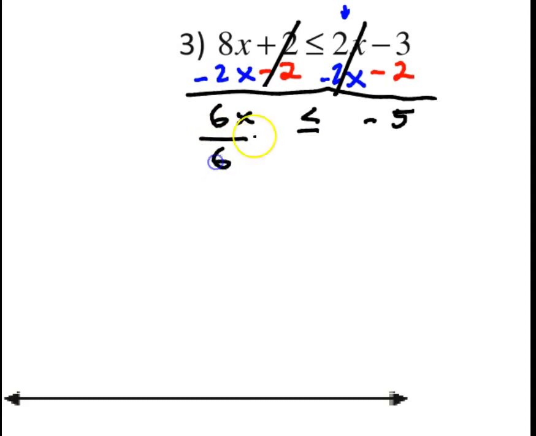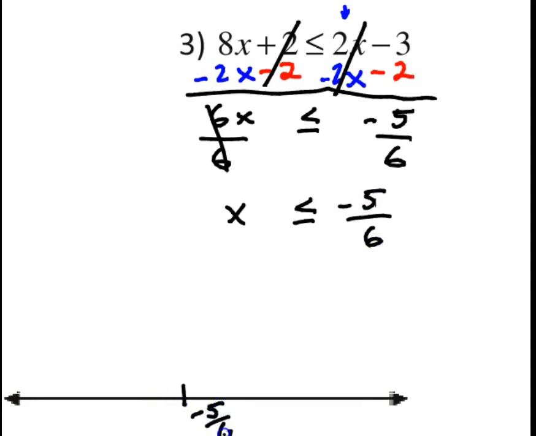And let's divide both sides by 6. So we have x is less than or equal to -5/6. And again, just put that on the number line, -5/6. This time since we have the line underneath, it's closed. And we're going less than, so it's to the left.